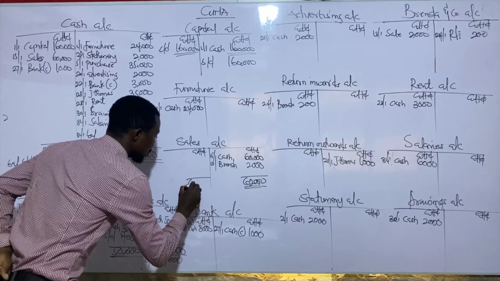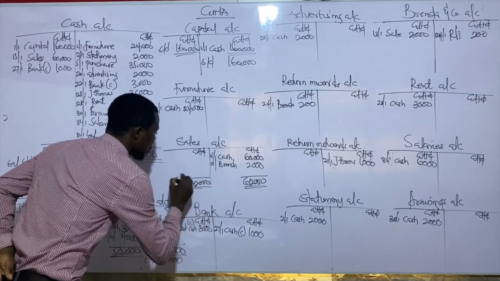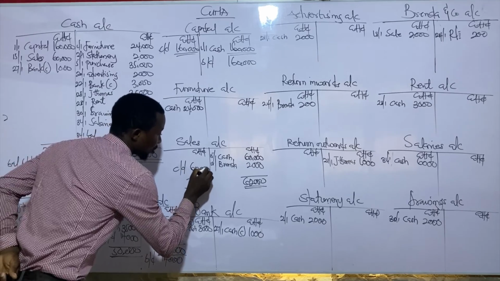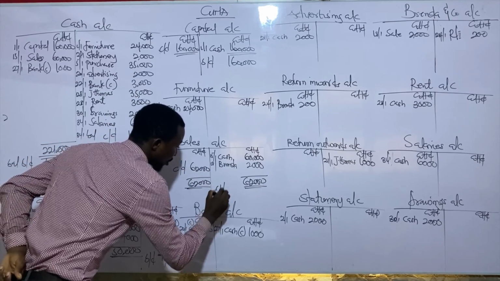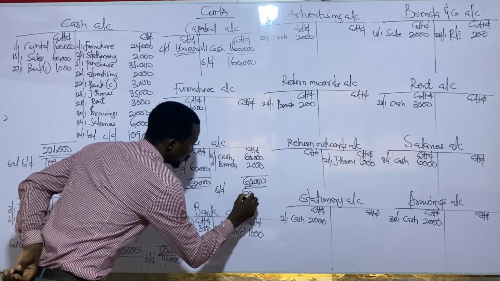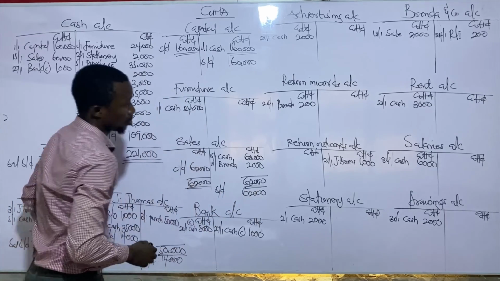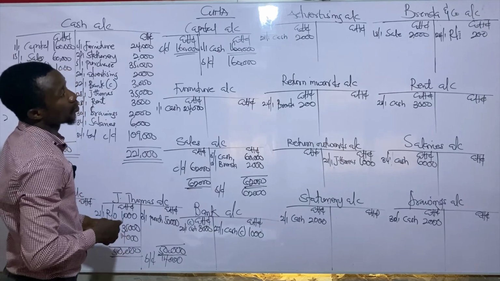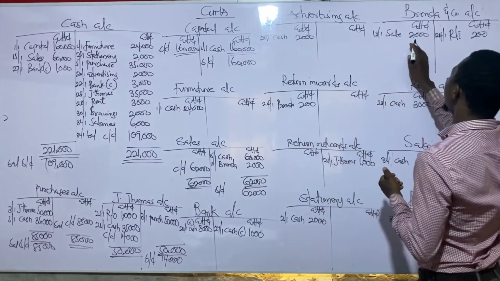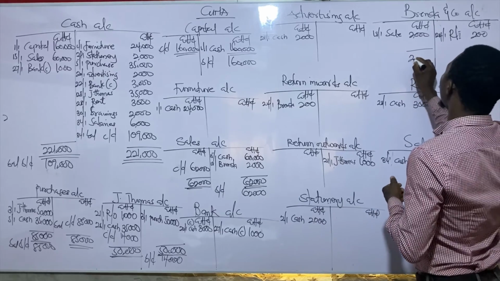We have here 62,000. So the c/d, or the carry down, will be 62,000, a credit balance of 62,000. Good. We have another over here. So debit is the bigger, of 2,000.